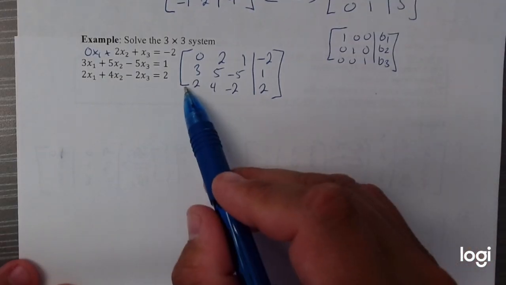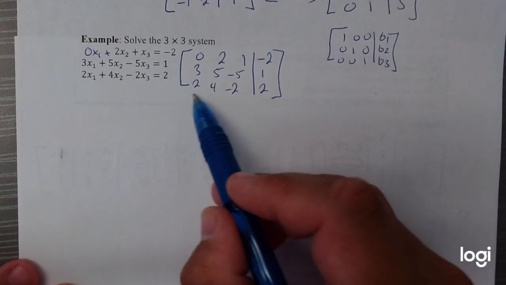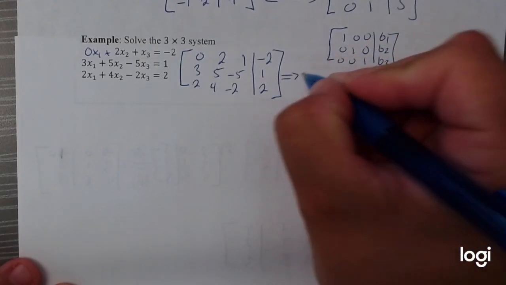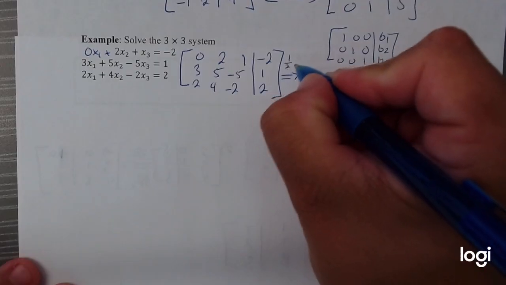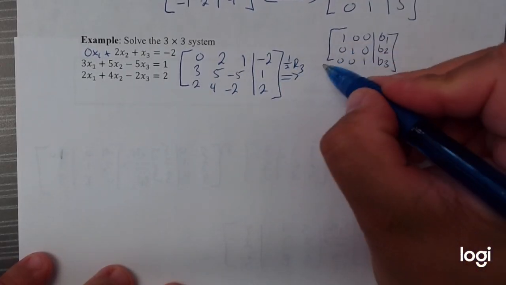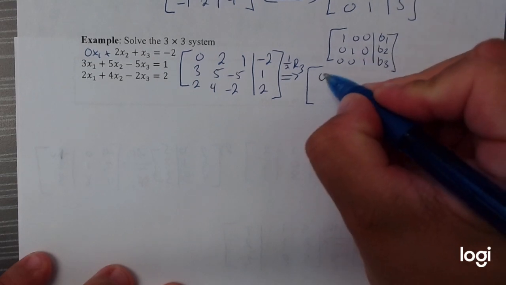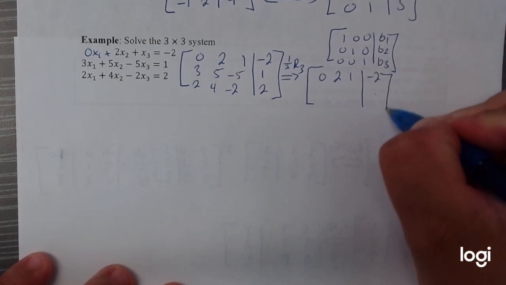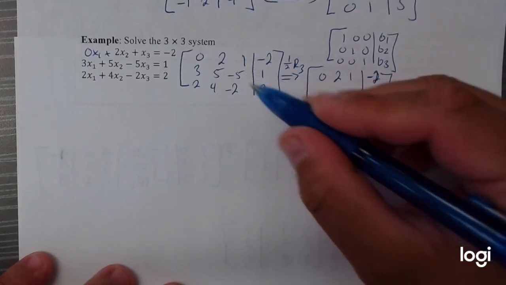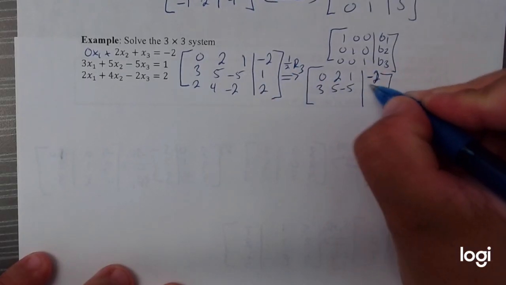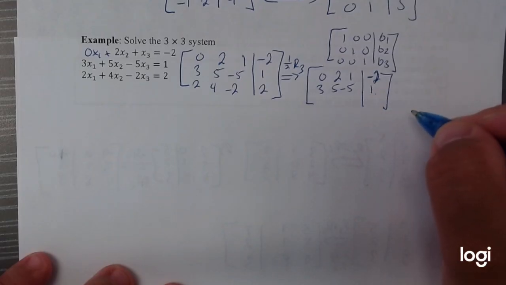Well, it looks like everything on the bottom is a multiple of 2. So maybe I can first multiply by 1/2 to row 3, just to make it a little simpler for simplification itself. So everything else will stay the same. Now, the best part about matrix representation and this process of solving for a system using matrices is there is no good first step.